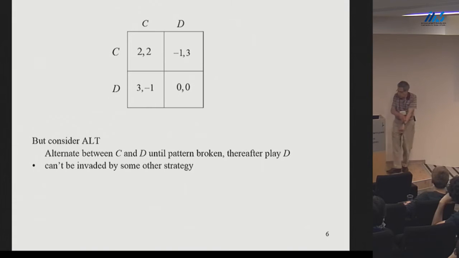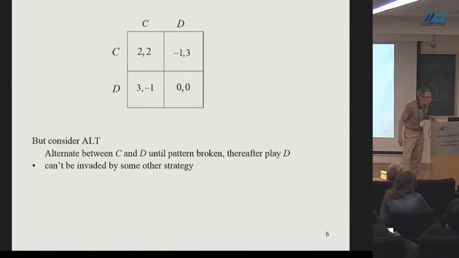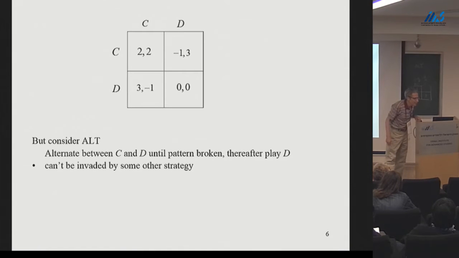So you're saying that the alt population is not going to do very well, because every time there's a mutant that comes in and fails to alternate, that's going to cause the alt population to end up playing D every period.